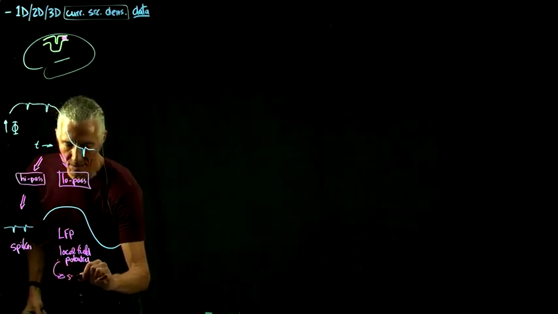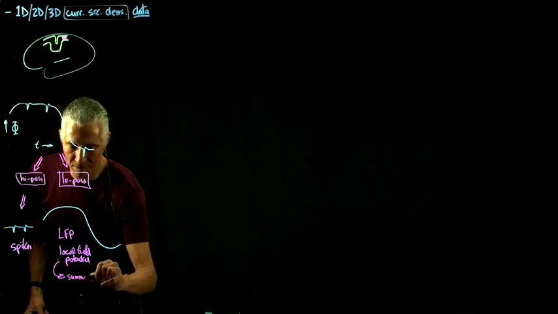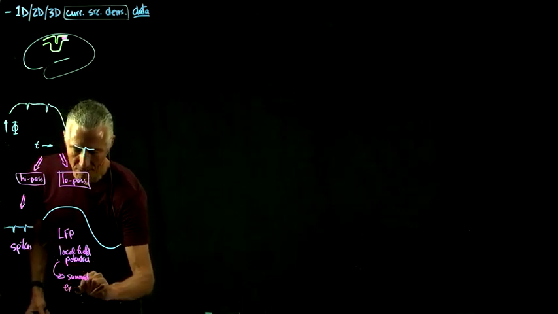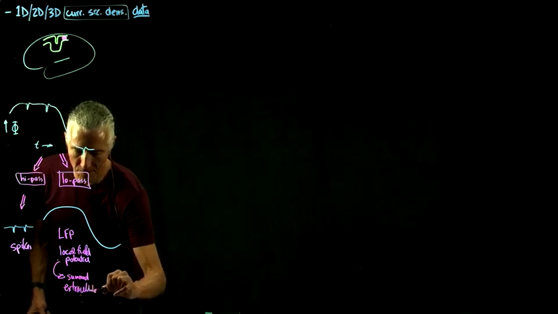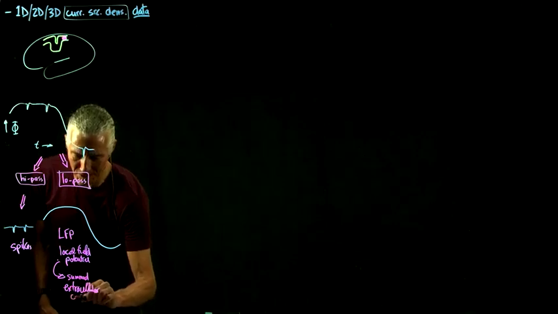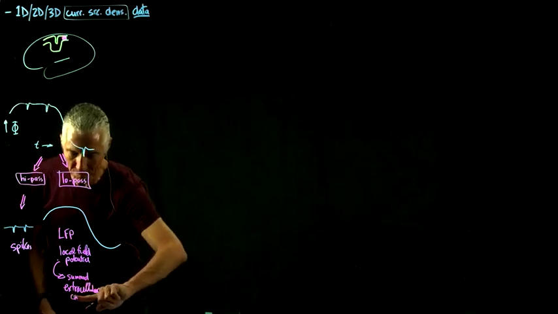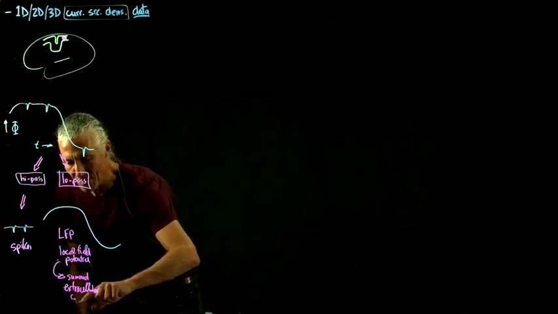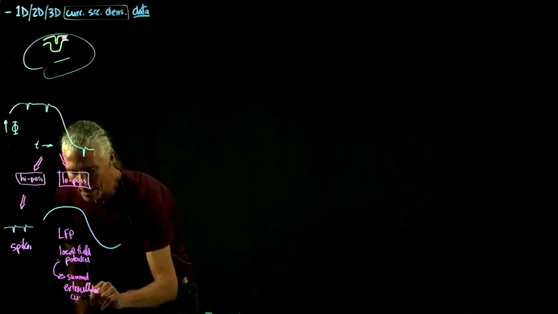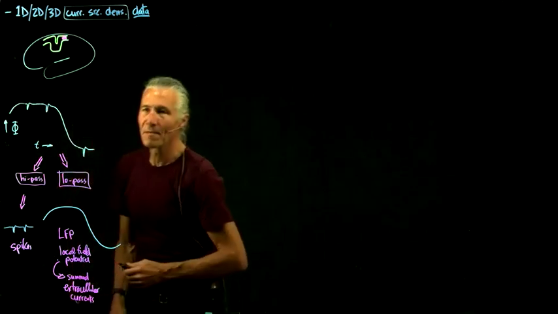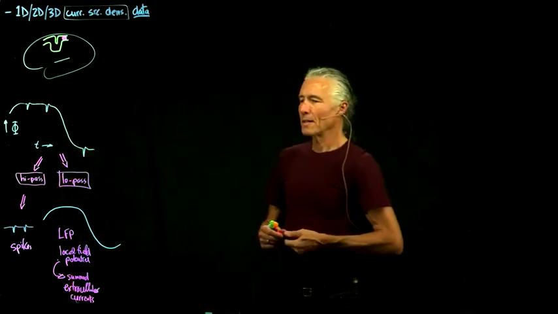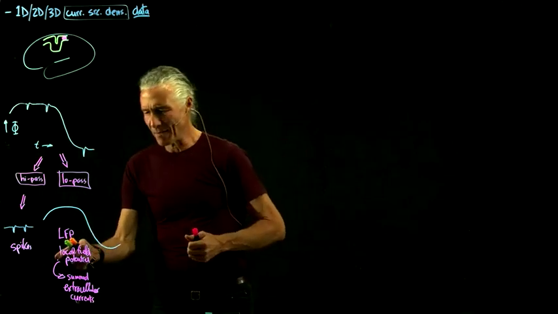extracellular currents. You want the roar of the crowd. These are all currents caused from all these different cells simultaneously becoming active, and you don't want to pick out just one and have that contaminate the data.